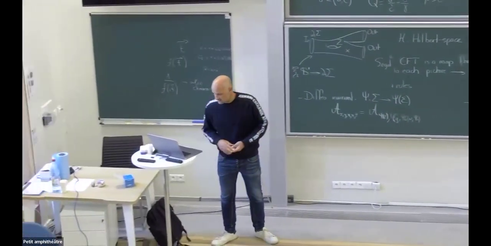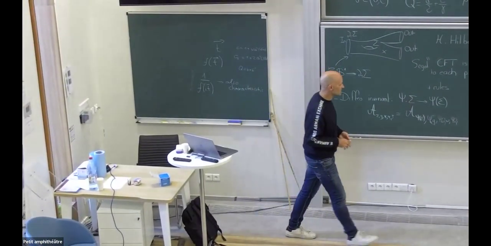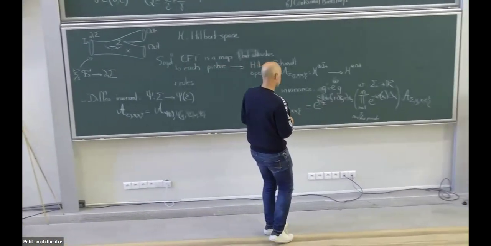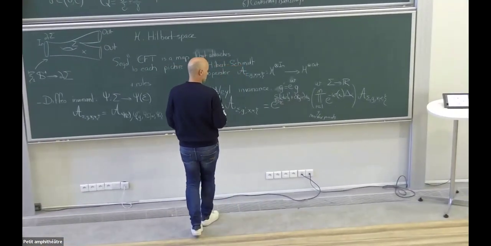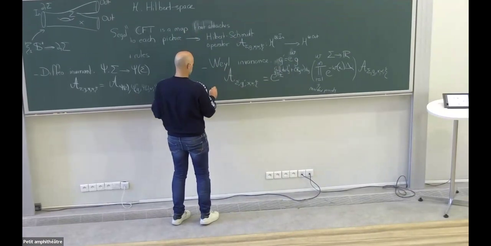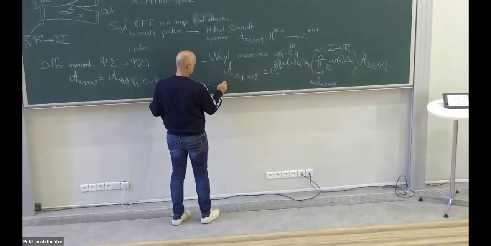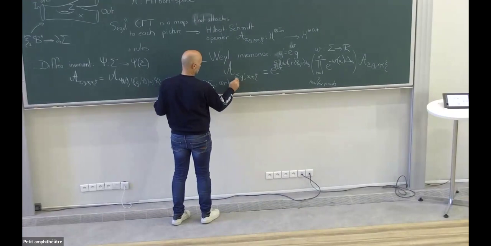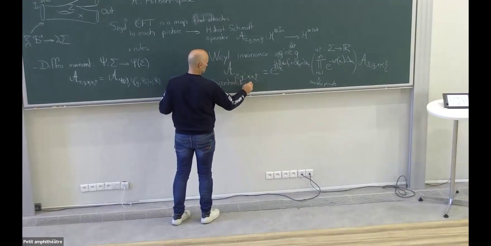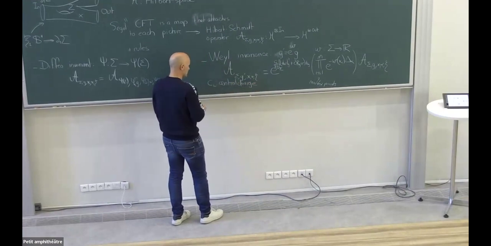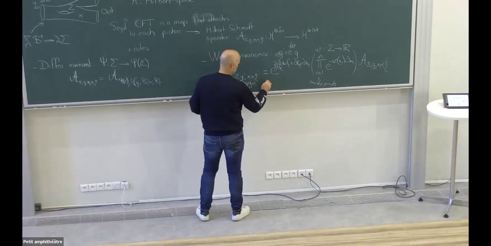These two numbers: c_L is what's called the central charge, and the delta alpha are the conformal weights.